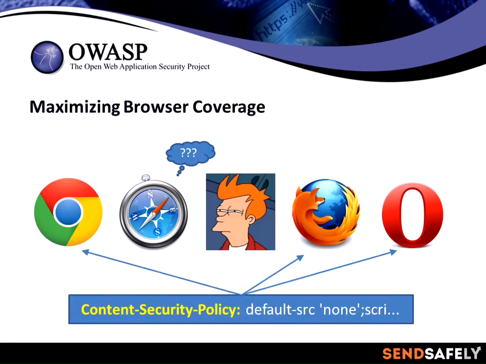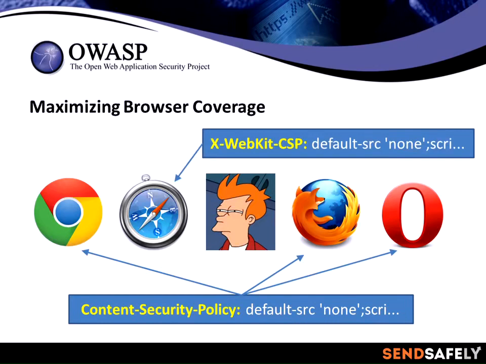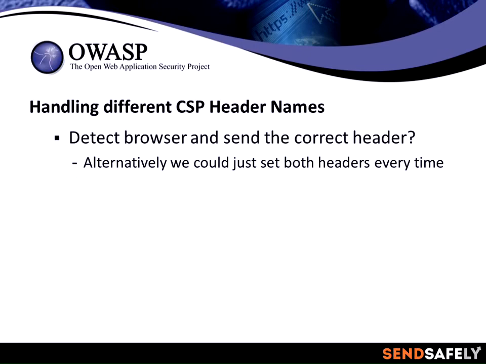Safari still to this day uses its own content security policy header that is named X-WebKit-CSP. So at a minimum, we knew that based off of this behavior, we were going to have to do something potentially to figure out what browser the user is using, because we can't just set one ubiquitous header and have it work across the board.